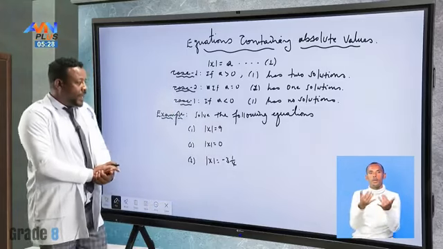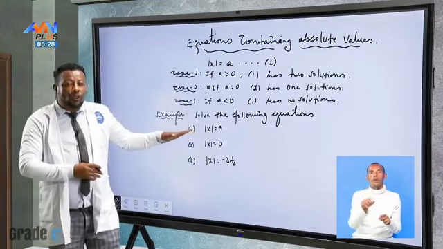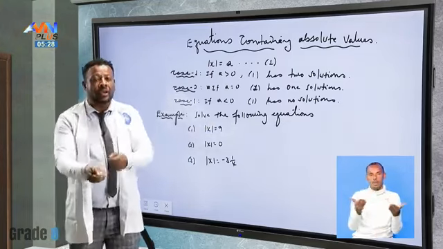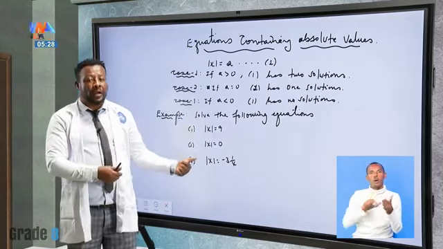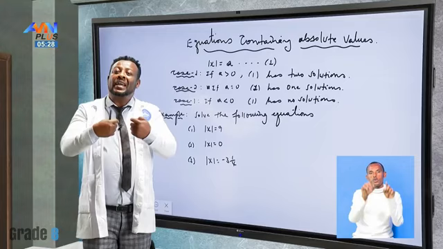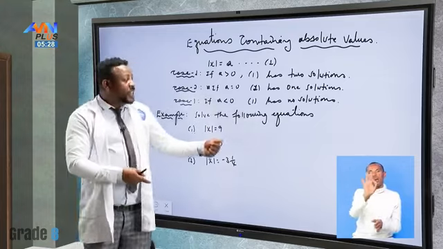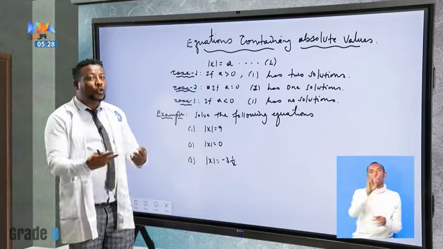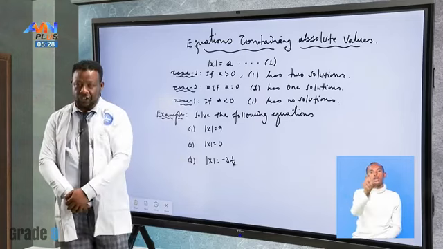Now, absolute value of x is equal to 9 whenever x becomes something. Remember what we have said before. Absolute value of 9 is 9. Absolute value of minus 9 is also 9. Since a is positive, we expect two solutions for the first question.